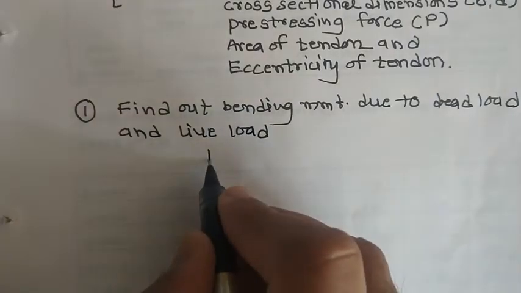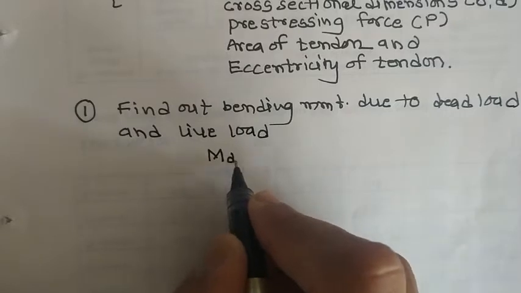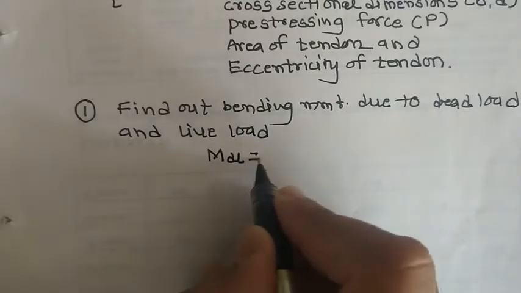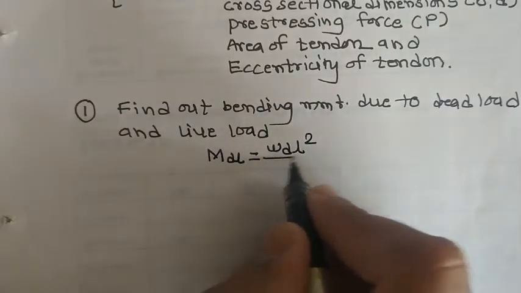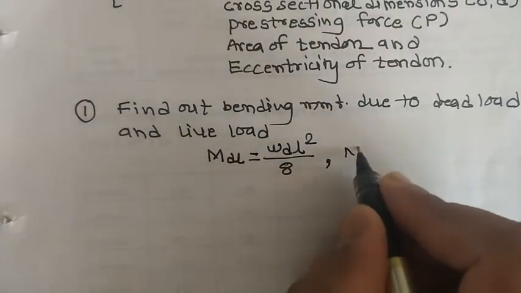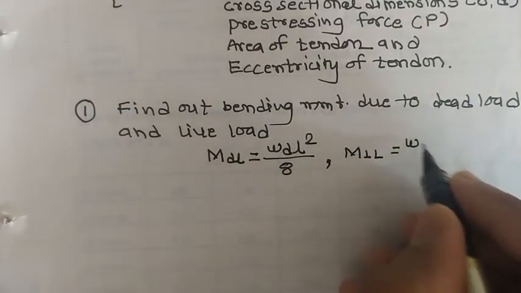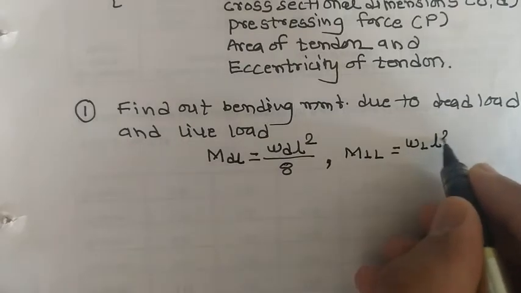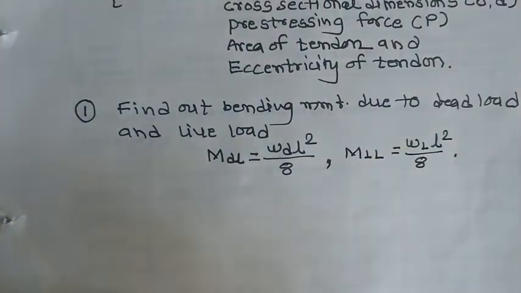Bending moment due to dead load is MDL equal to dead load W L square by 8 if the beam is simply supported. Bending moment due to live load is equal to live load into L square by 8 when the beam is simply supported.